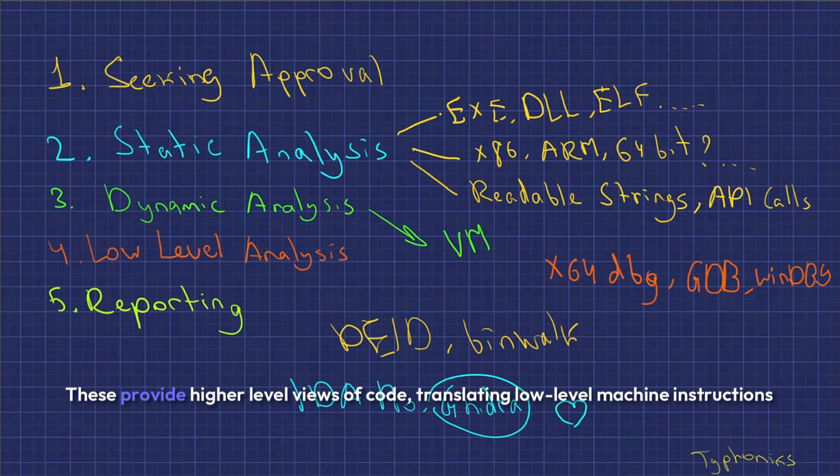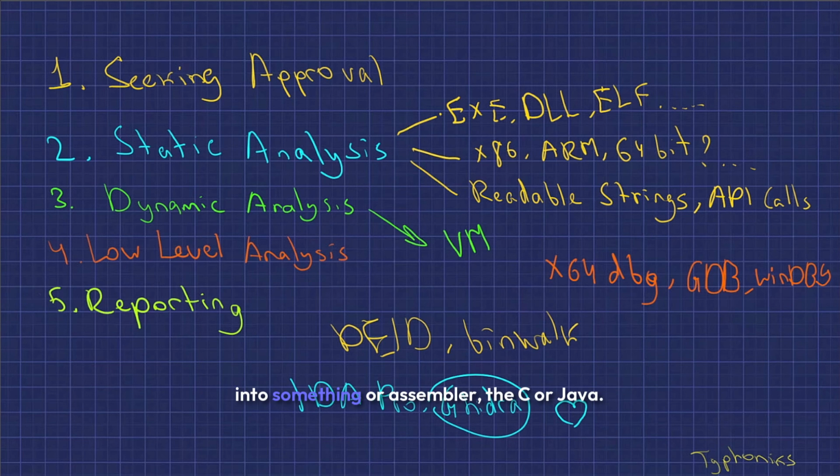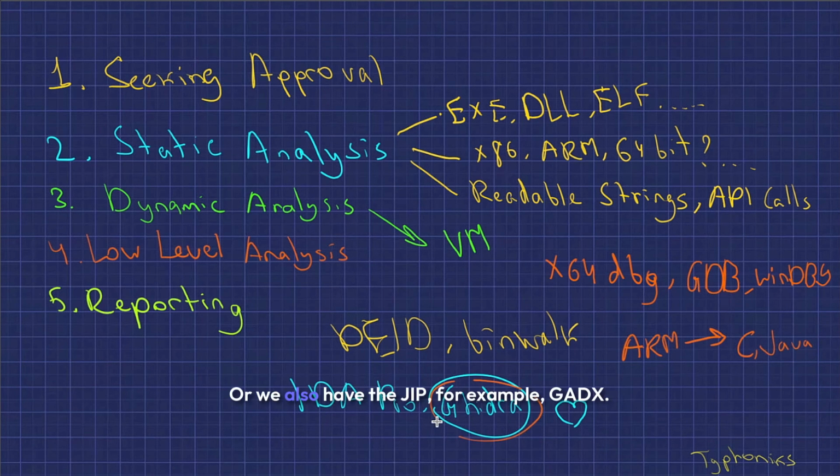These provide higher-level views of code, translating low-level machine instructions into something resembling C or Java. Ghidra also does that, or we also have JADX, for example.